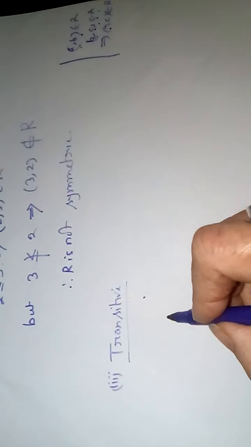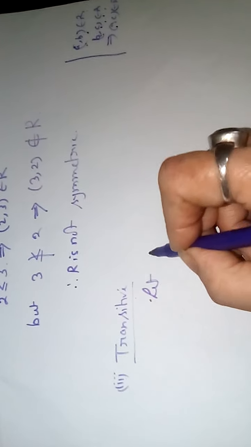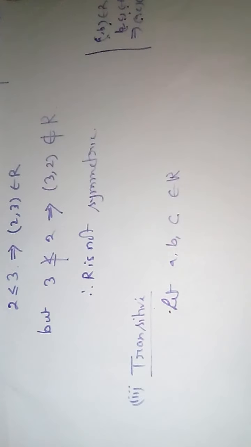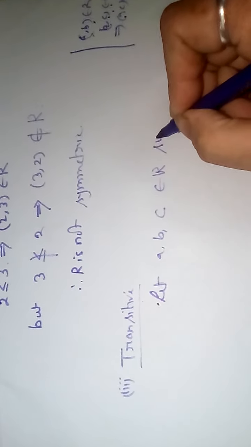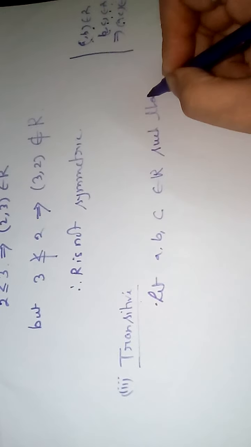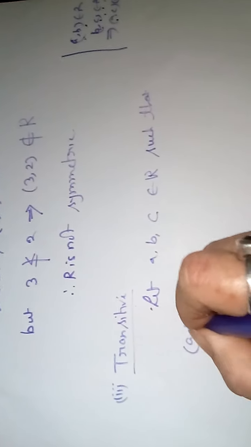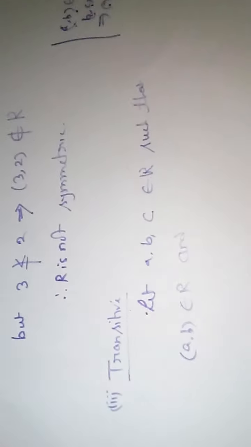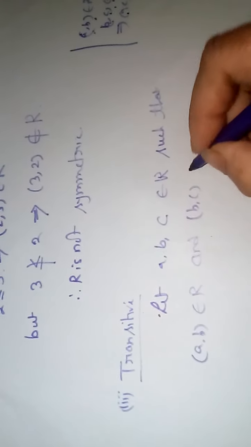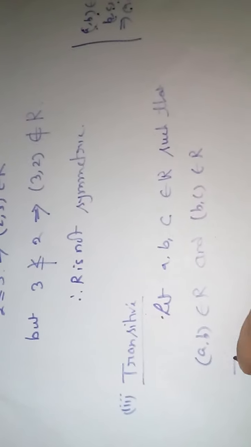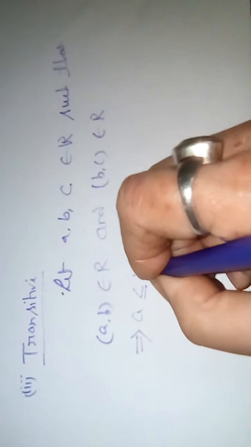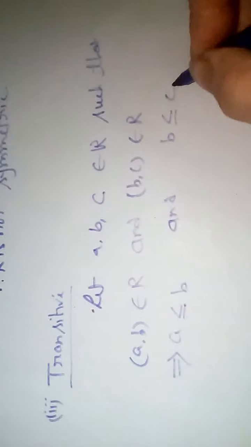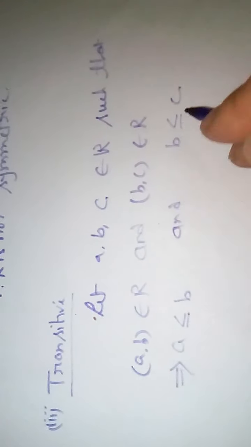So use the definition. Let you take general elements A, B, C belonging to the set of real numbers. And how to consider it? Such that ordered pair AB belongs to R and also ordered pair BC belongs to R. That gives you A less than equal to B and B less than equal to C, right? This is from the definition.